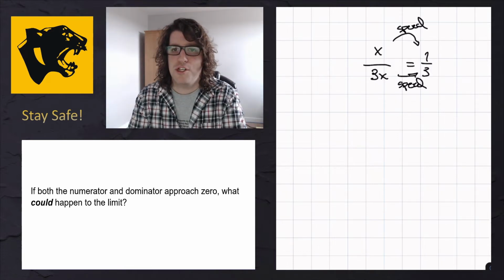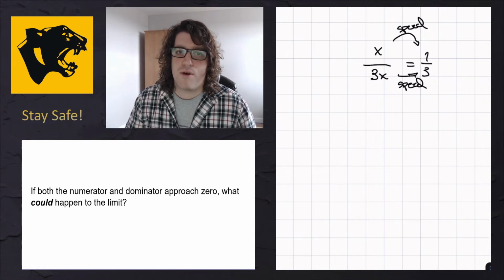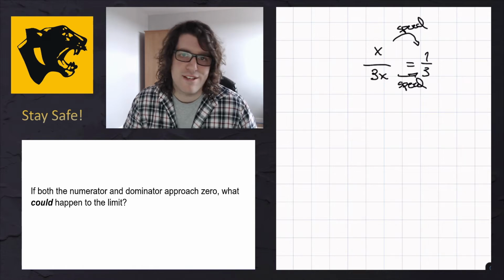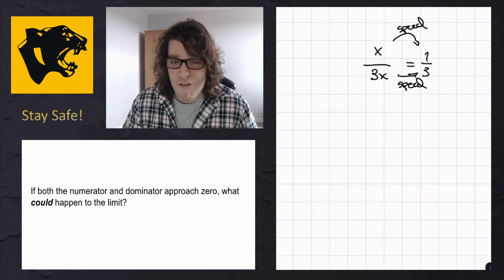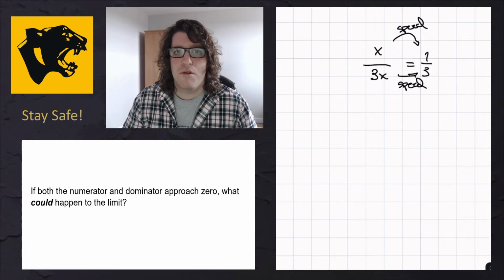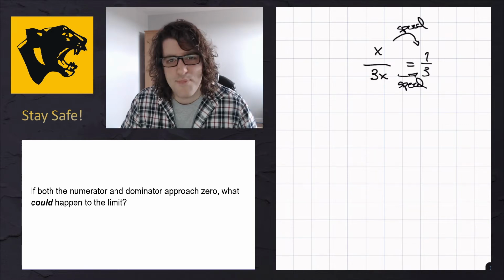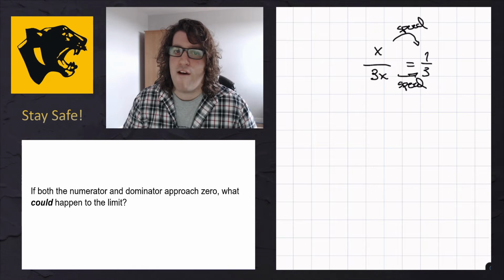That 1/3 ratio is not only describing what happens if you divide x by 3x, but it's describing how fast the change is of x. How fast is the change of x? It's the derivative, so that would be 1. How fast is the change of 3x? The change of 3x occurs at a rate with respect to x of 3. And so the 1/3 ratio is describing how fast they're going towards 0 as well.